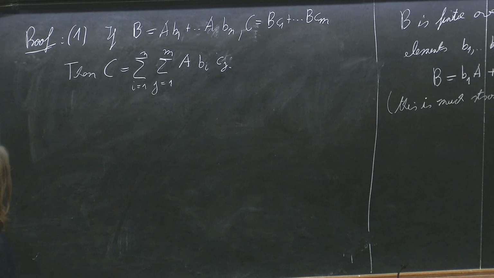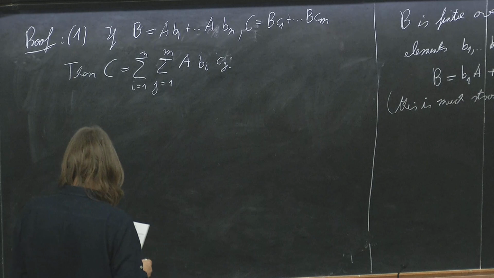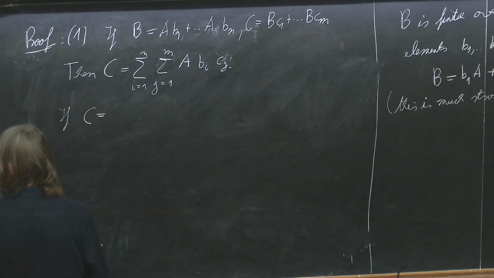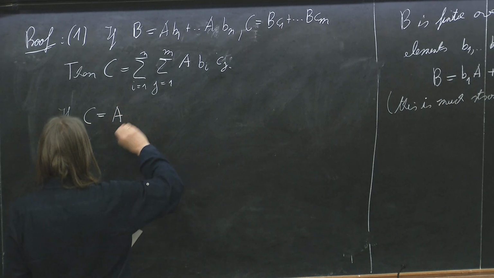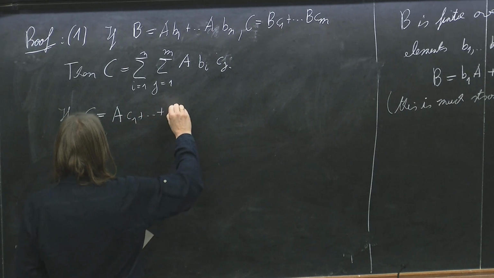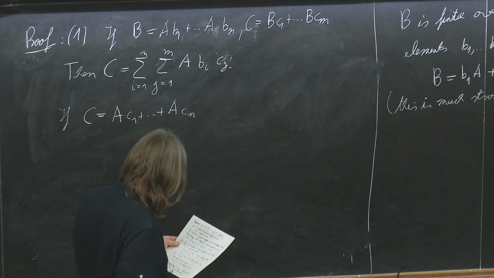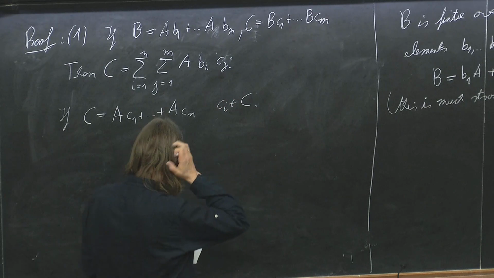I just put one into the other. And the other statement is not more difficult. So if C is finite over A, then we can write C as A c1 plus ... plus A cn.